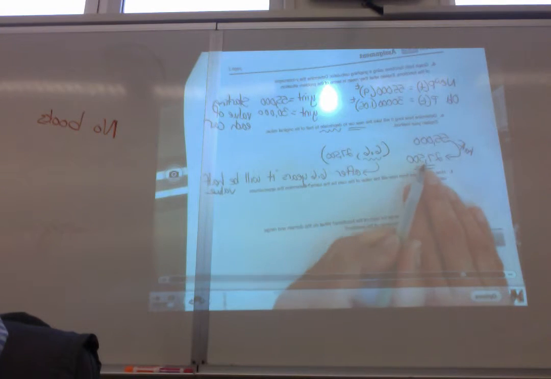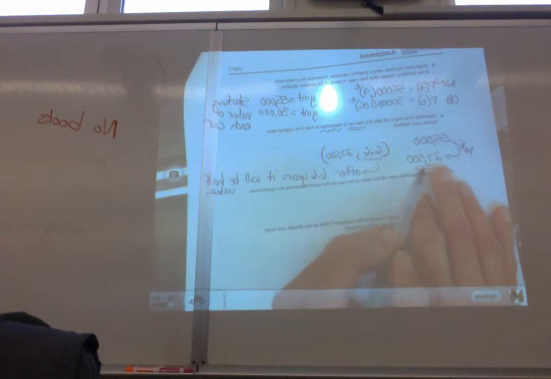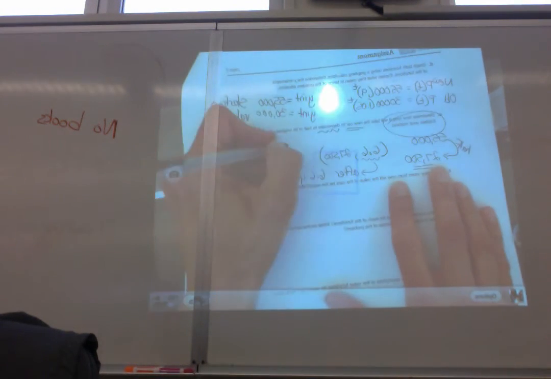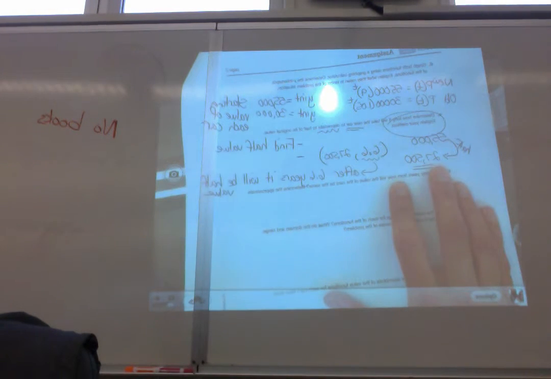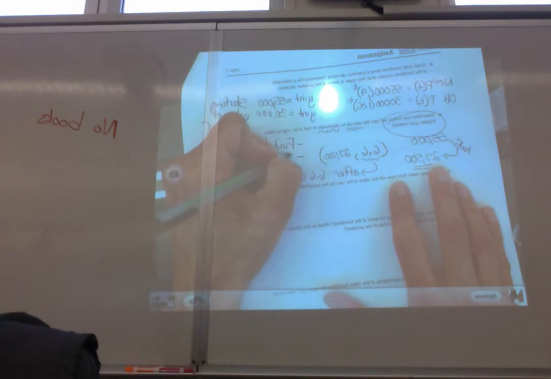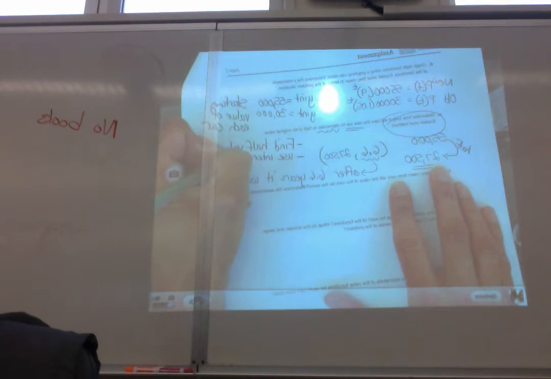And first thing we had to do was find half, because it says explain. Find half value. The second thing that we did was use intersection in our calculator.